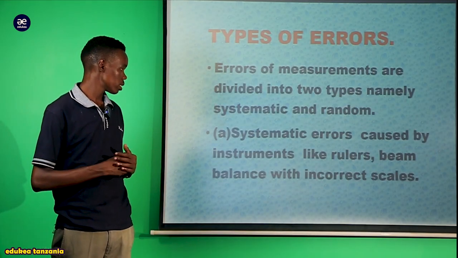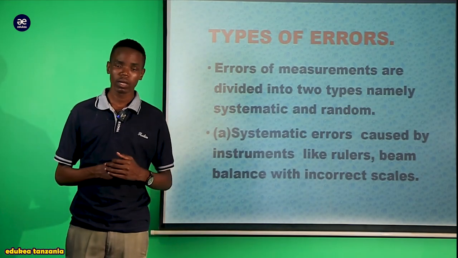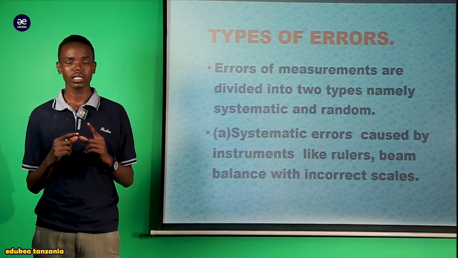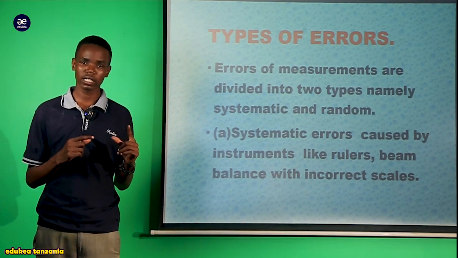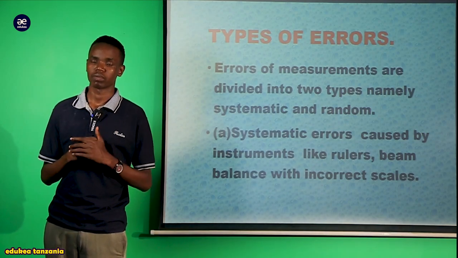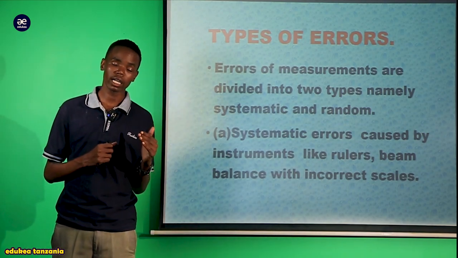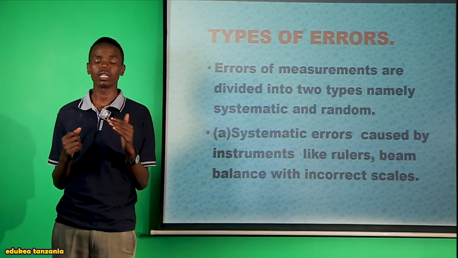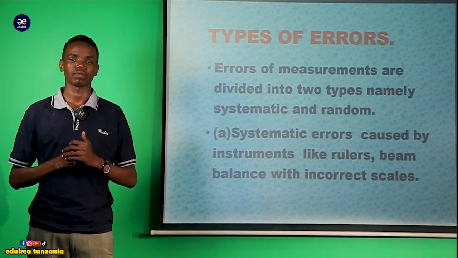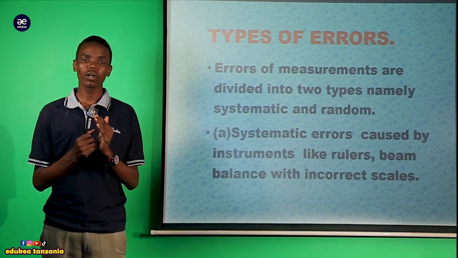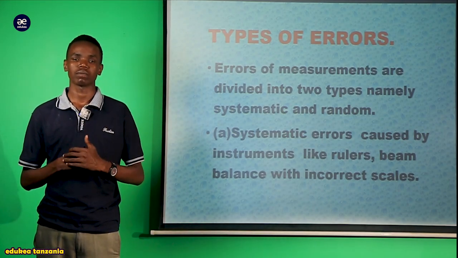So as you can see here, my dear student, we learn about the error, and this error is divided into two types. You'll be asked to define the term error and also to explain the types of errors. As I told you, we have only two types of errors.